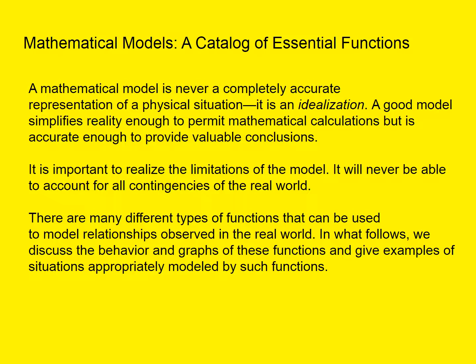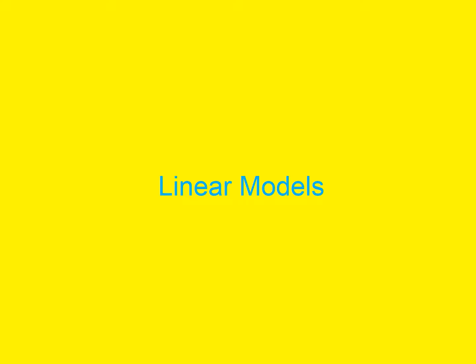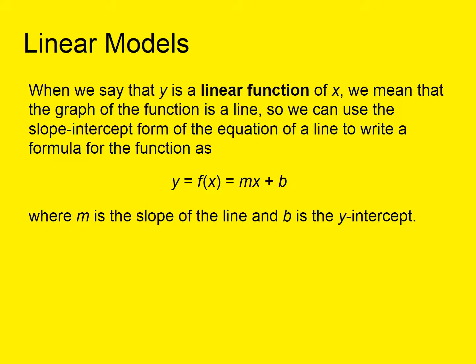But on the assumption that it is a reflection with some accuracy, our inferences or predictions are useful. Okay, so linear models in this video, and other models in the next video.